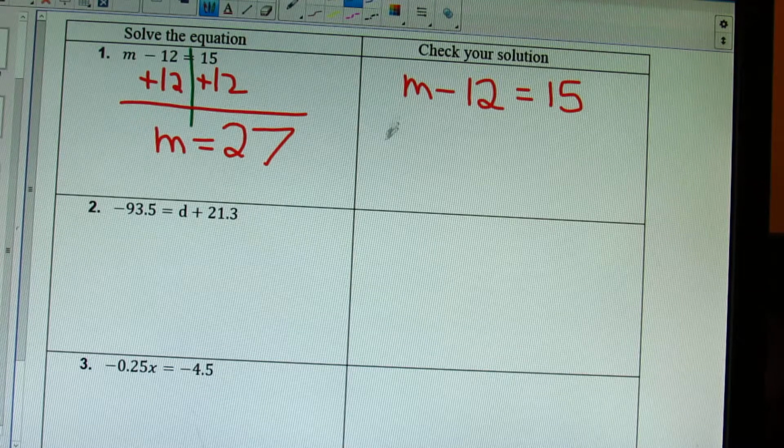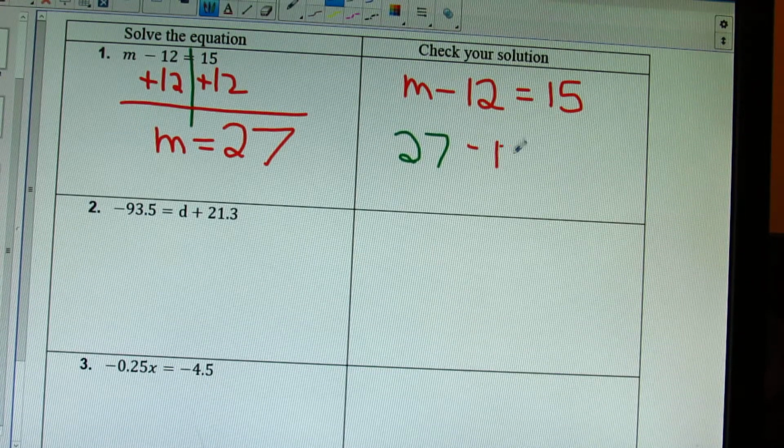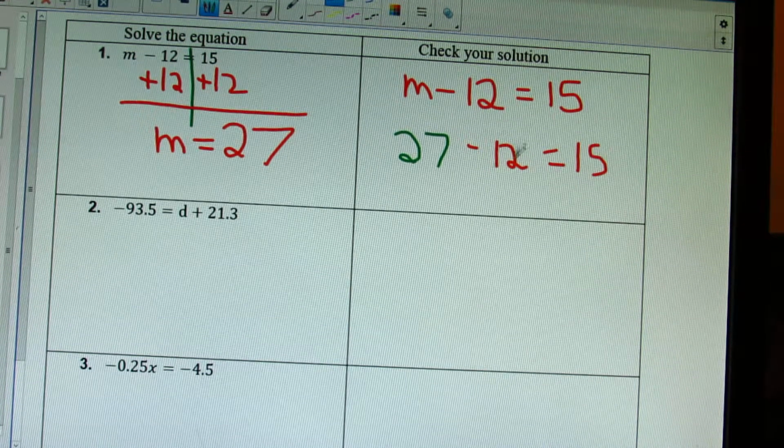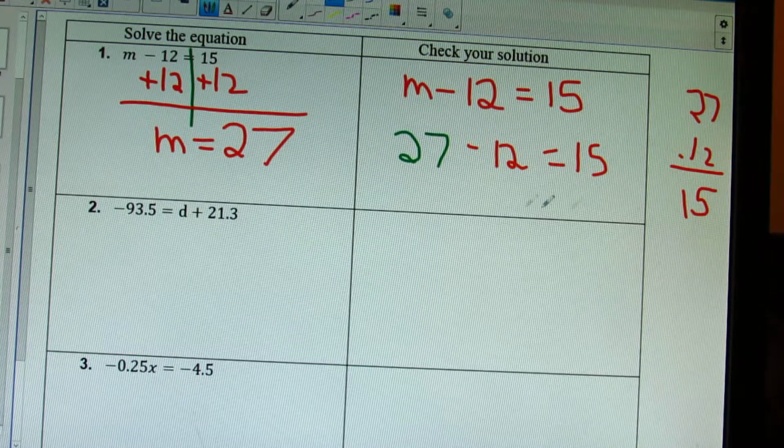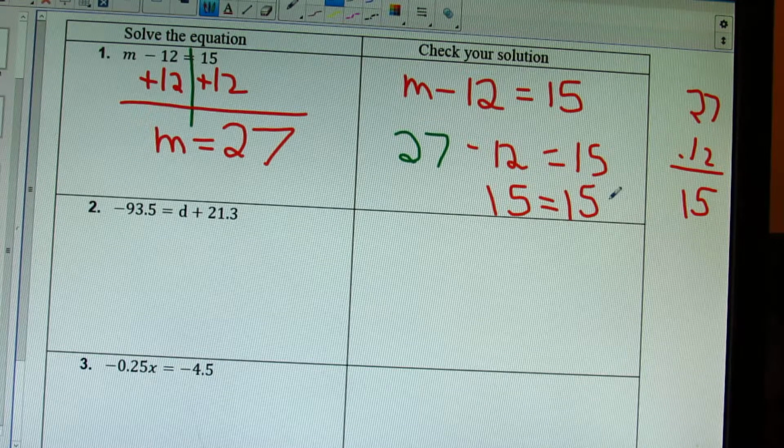Replace M for my answer. Keep up with me. And now actually doing the check. 27 minus 12. Let's double check that. 15 equals 15. So it checked.